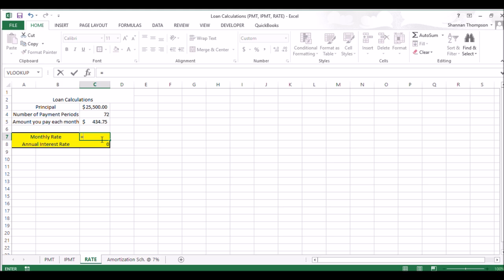So for this formula, it's going to be RATE, and it's going to ask you the number of periods, which is 72. It's going to ask you the monthly payment, which is the $434. Then it's going to ask you for the present value, and that's the $25,500.